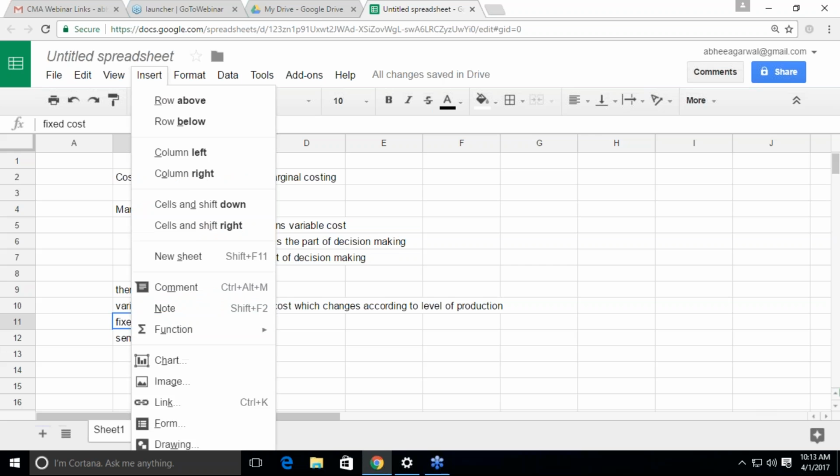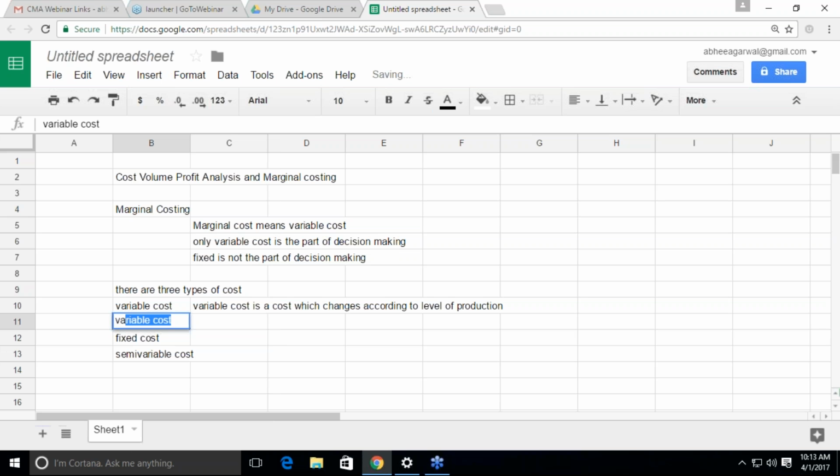Variable cost, generally we explain variable cost expressed in per unit terms.